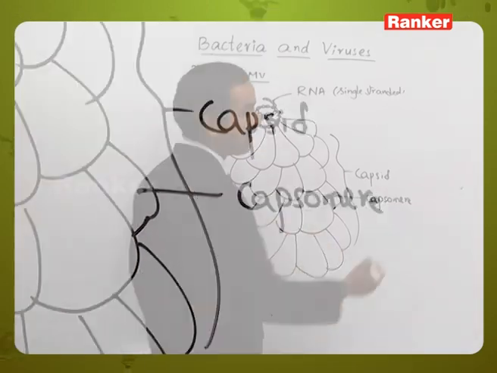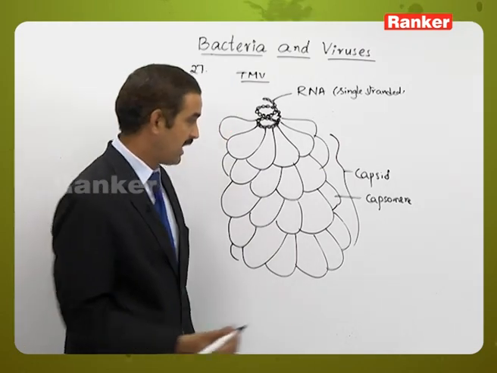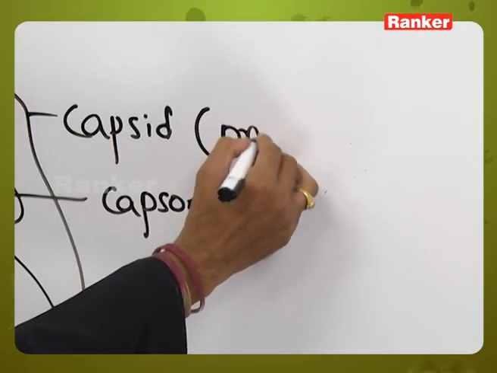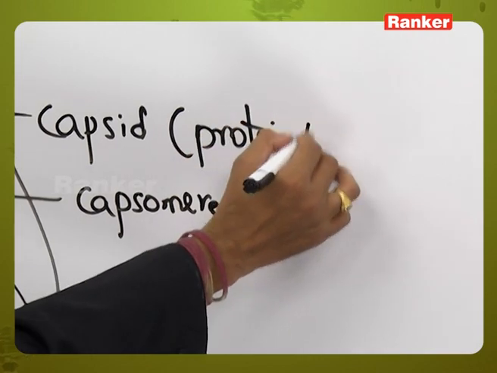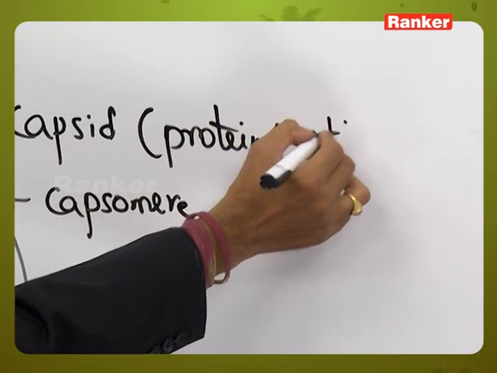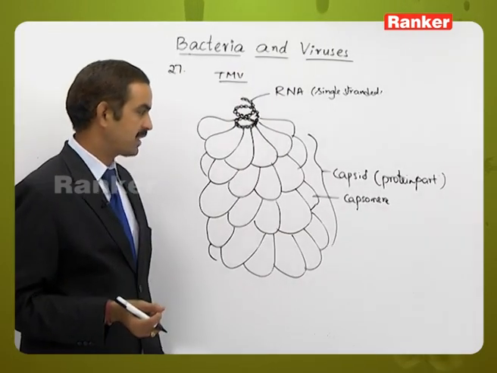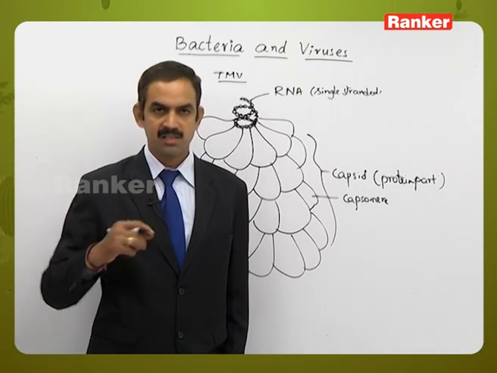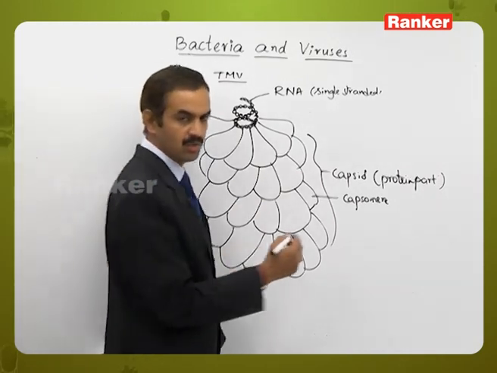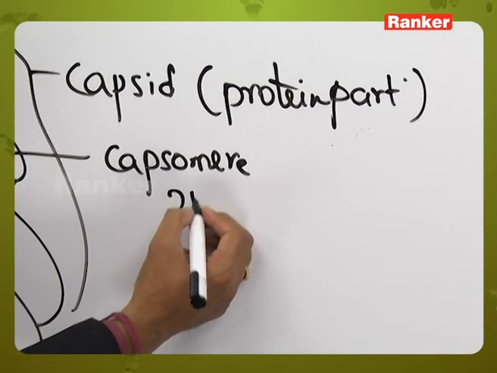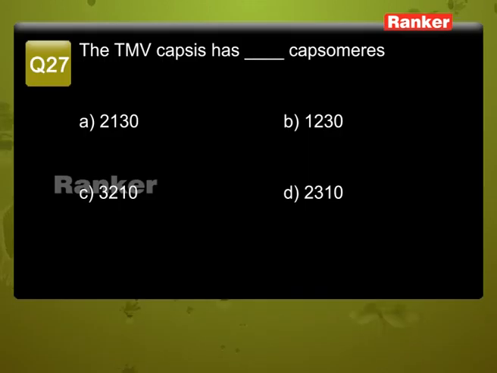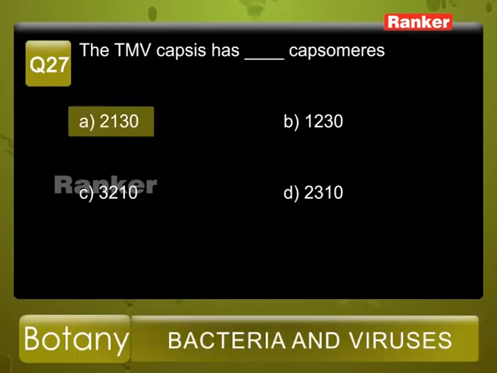Individual units of the capsid are called capsomeres, and the capsid, as we know, is a protein part, and the total number of capsomeres present in the capsid of TMV is 2130. So from the given options, option A is the correct answer.